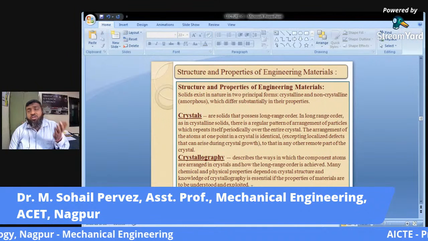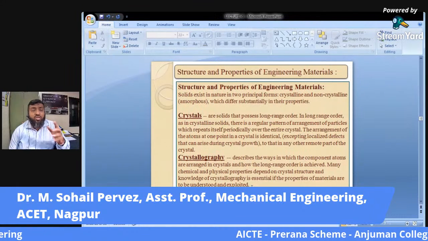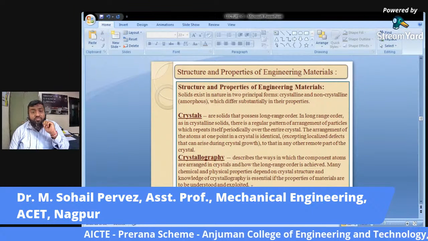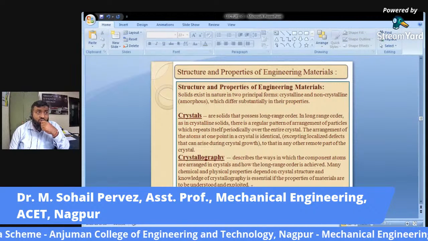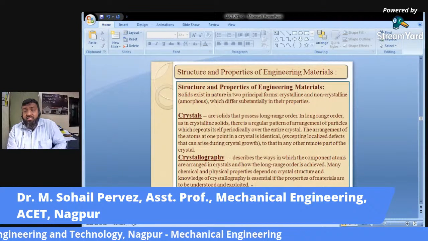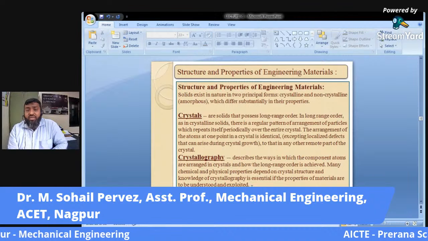So amorphous is also known as non-crystalline. And when I say crystalline, it means solid, which differs substantially in their properties. Obviously, it differs in their properties. So how far is structure important for us as a mechanical engineer?